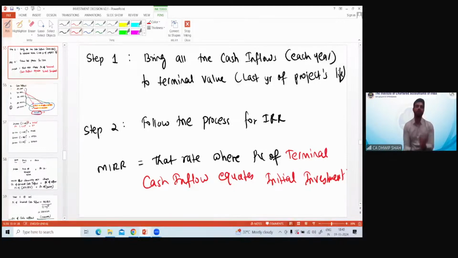So you need to just discount the one pool of cash inflow, the entire pool, that would be at the end of the project's life. Understood? MIRR. Any queries? Clear? Okay.